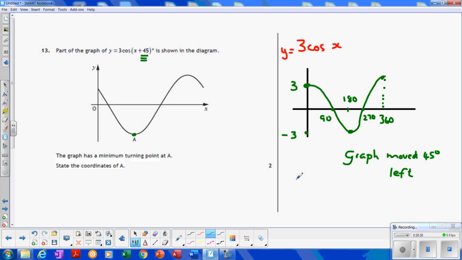So that turning point would have been at 180 degrees and minus 3. But I've moved it left by 45. So if I move that left by 45, I'm taking 45 degrees away from 180. And when I do that, I get 135 and minus 3. So the coordinates of A are 135 degrees and minus 3.